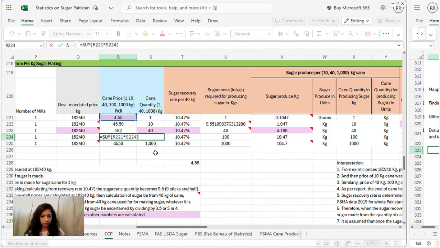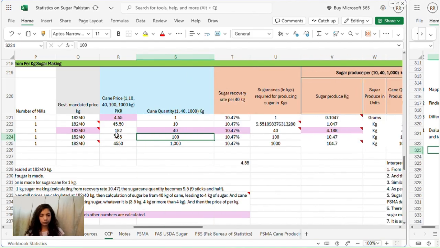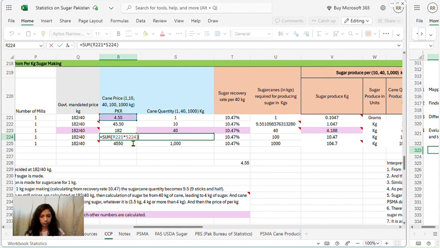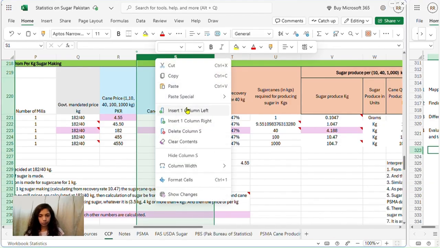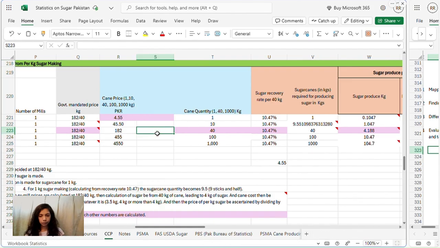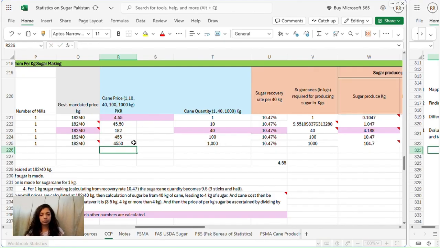This we have in S224, which is this number. If I just drag it a bit here, you might be able to see. I can just add a colon here. So here, when you multiply 4.55 with 100, you're going to get this number of 455.